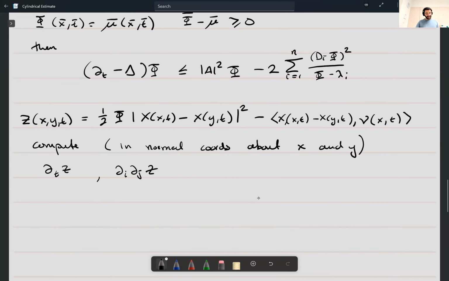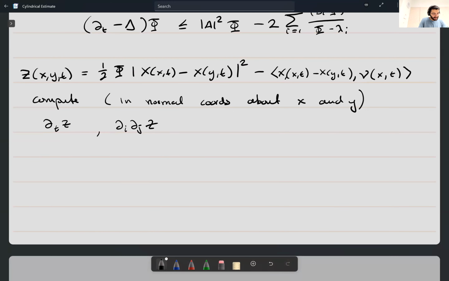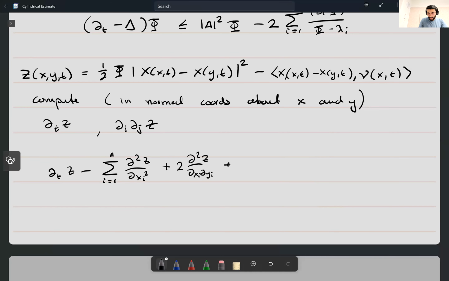In the end, what you get is that partial t of z minus its Laplacian, this quantity here, is kind of exactly what you want.